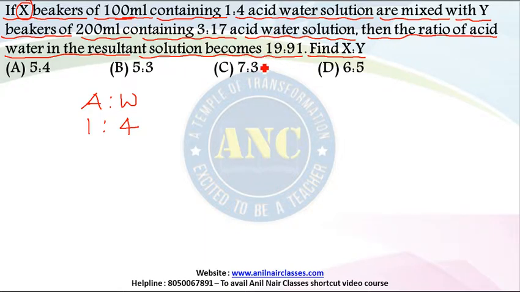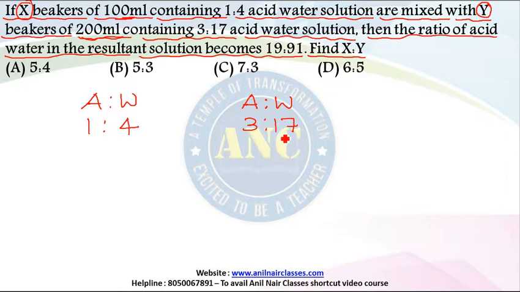Similarly, there is another ratio given for acid and water, which is 3:17, and this ratio is in a can of 200 ml. It is a can of 200 ml each, and there are totally Y cans or Y beakers. We don't know the value of Y also, which we need to find in this question.